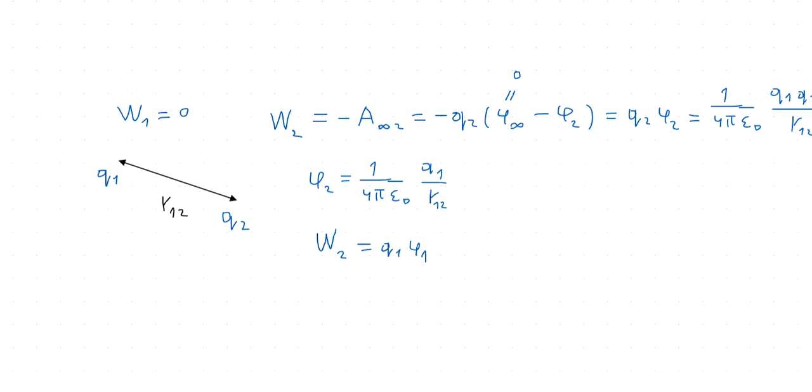Phi1 is the electrostatic potential of charge Q2 at the position of charge Q1.